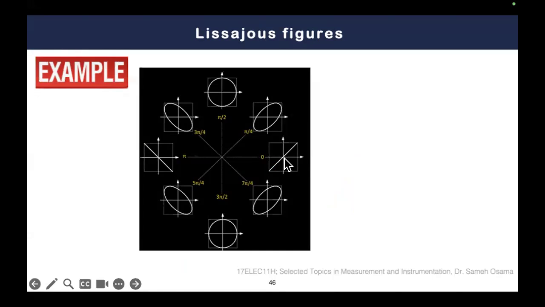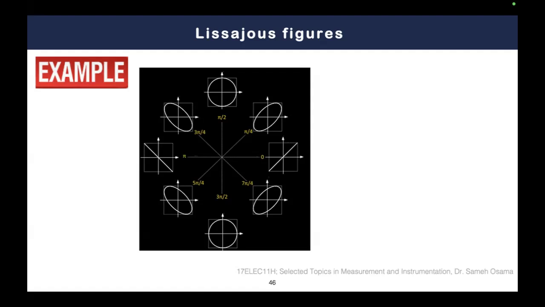So you can understand that if you already know that your input signals, X and Y, are of the same amplitude, the same frequency, but you need to represent only a variation in phase, you can use this XY mode in order to determine typically the phase shift between X and Y.